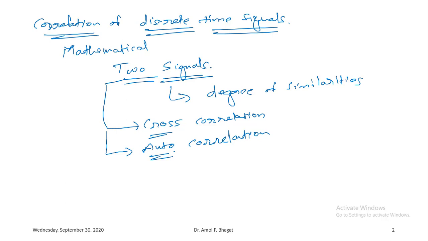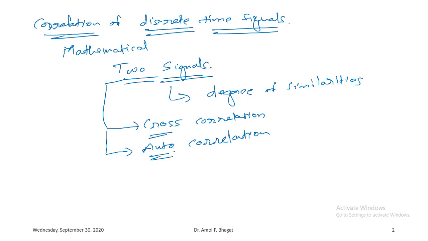So basically correlation can be used in various applications. The correlation of signals can be performed in applications such as radar, sonar, digital communication, geology, seismology, image processing, and so on.